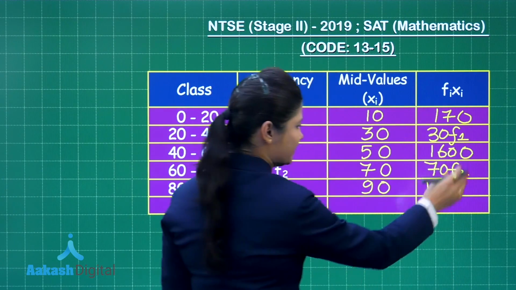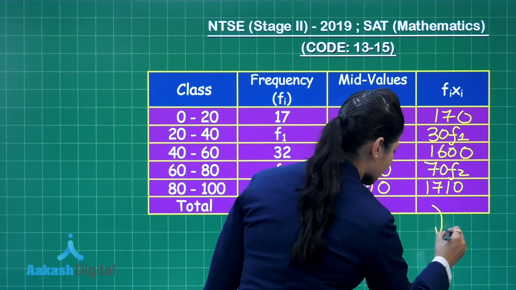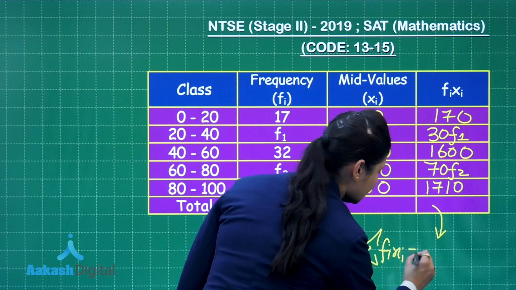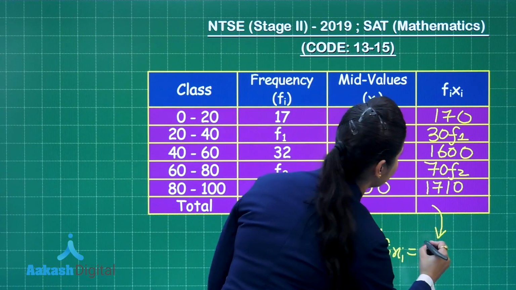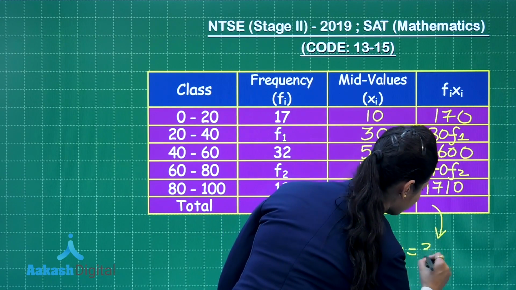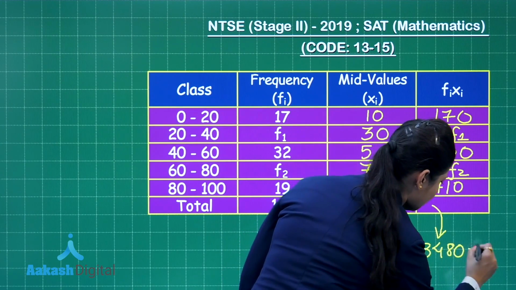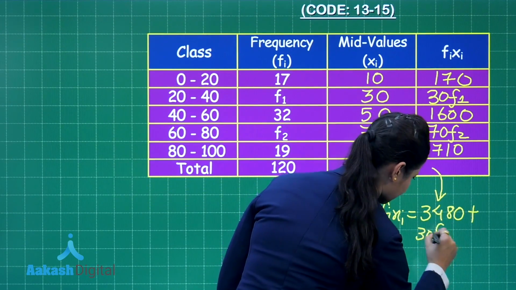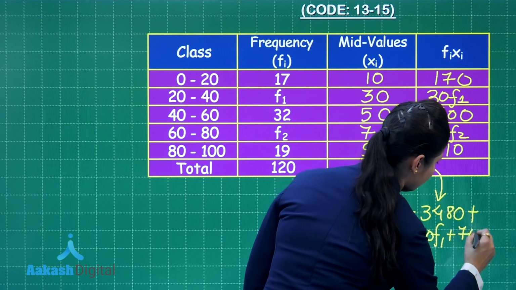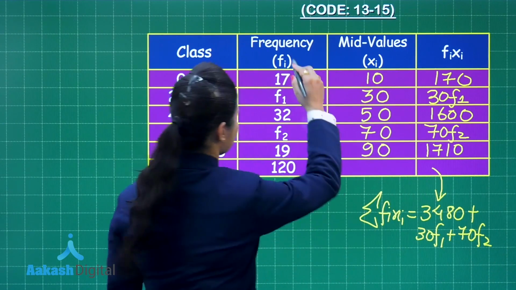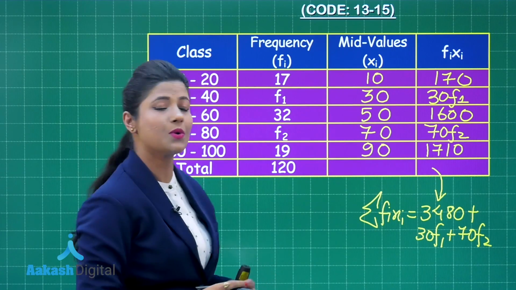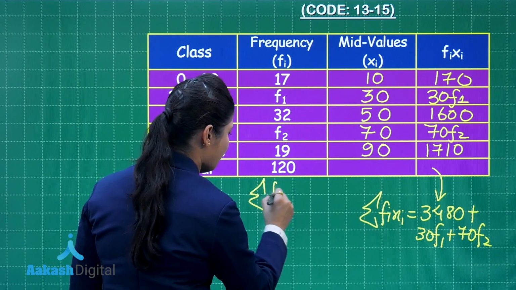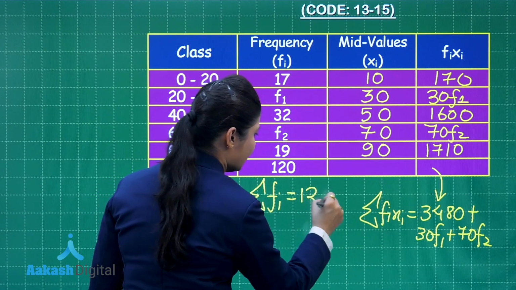1710. When you take the sum of all of these, that is sigma Fi Xi, on adding up you get 3480 plus 30 F1 plus 70 F2. Moreover, the sum of all the frequencies is already provided in this question as 120, that is sigma Fi is equal to 120.